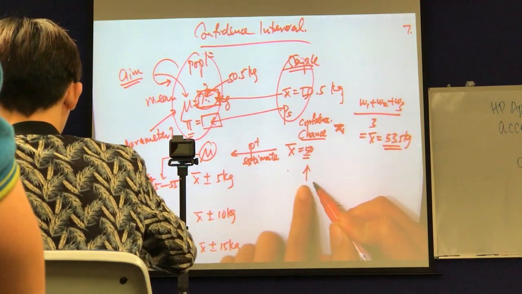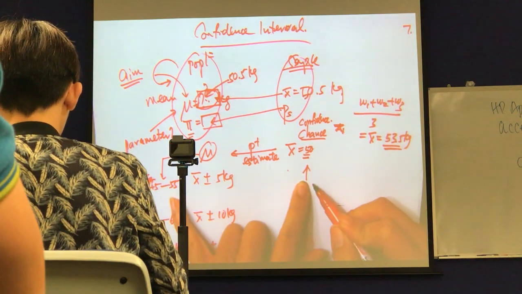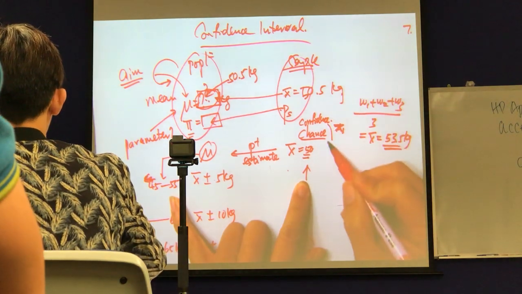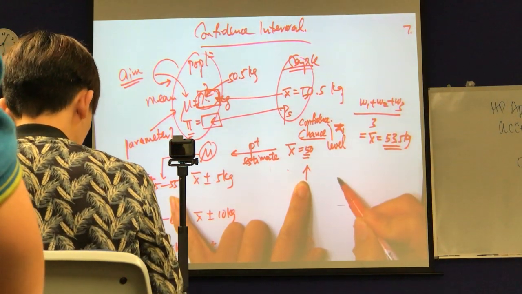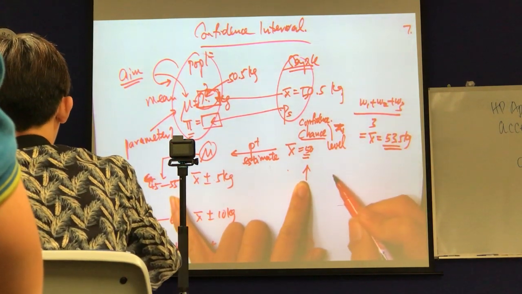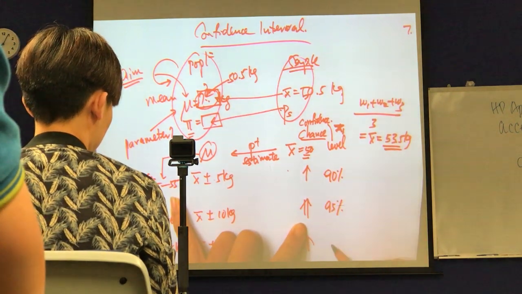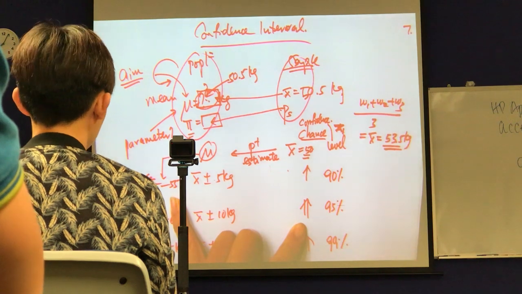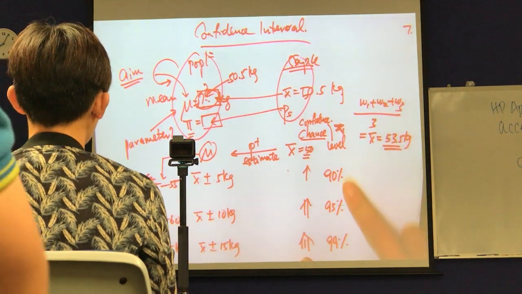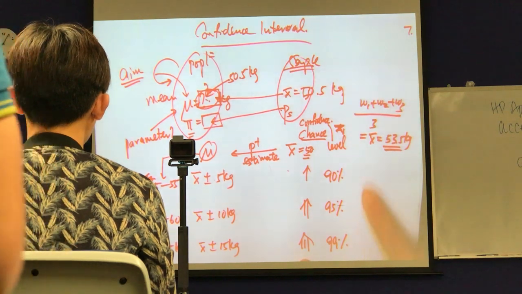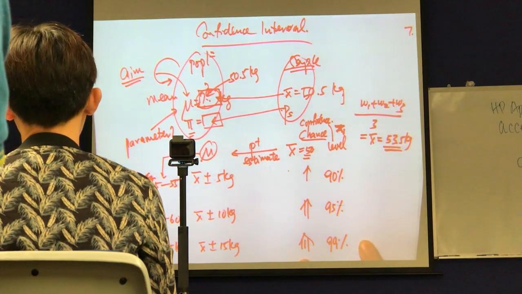So if I want to have higher confidence, I will increase the interval. This confidence, we call it confidence level. Typically, we use 3 types of confidence level: 90%, 95%, and 99%. As I increase the confidence level, what is the risk? Higher or lower? Lower.